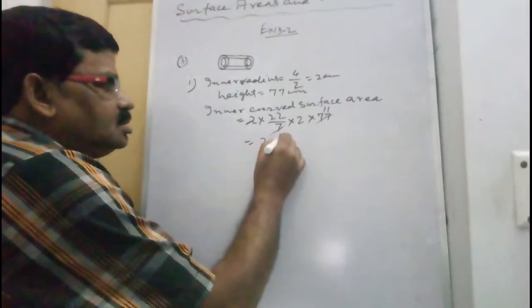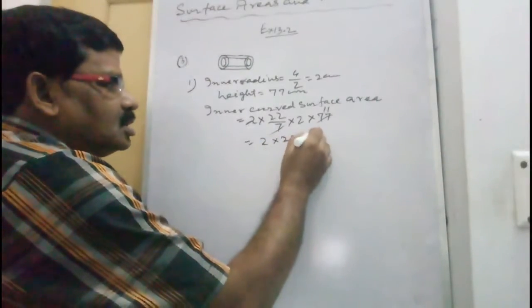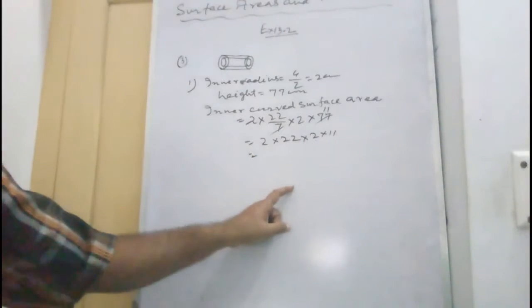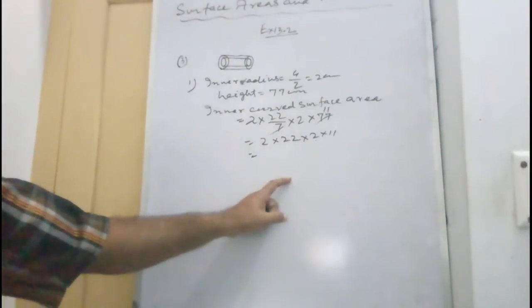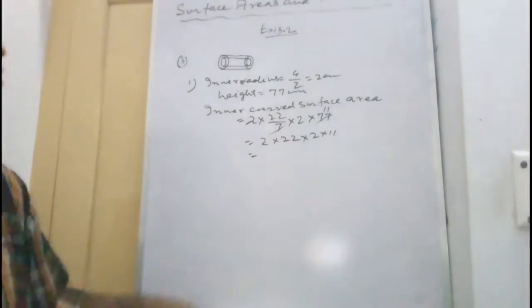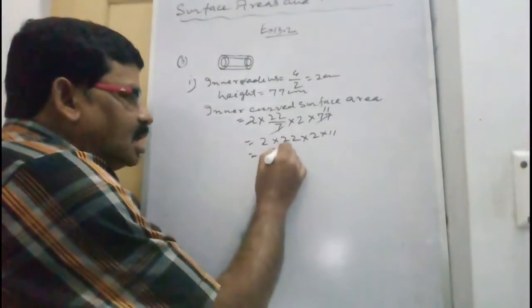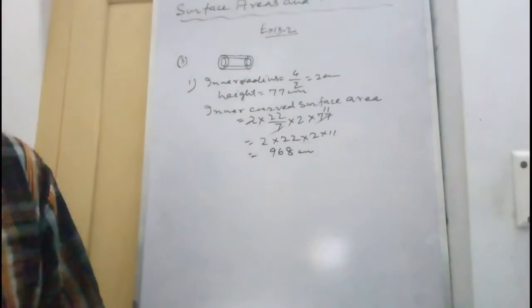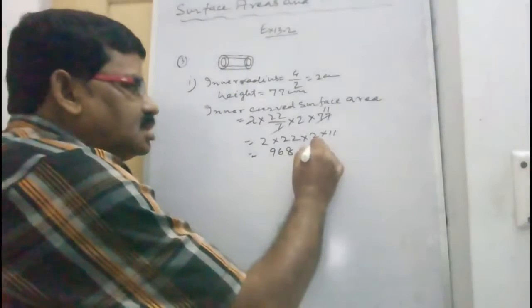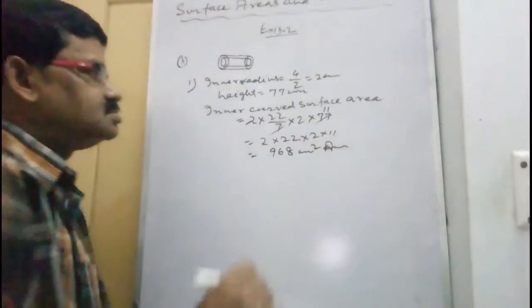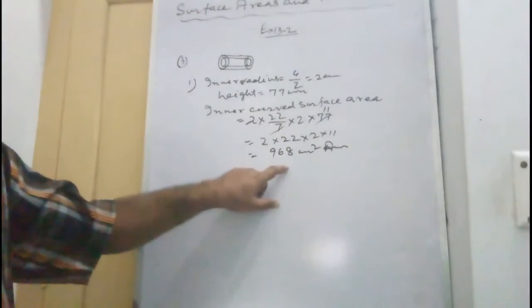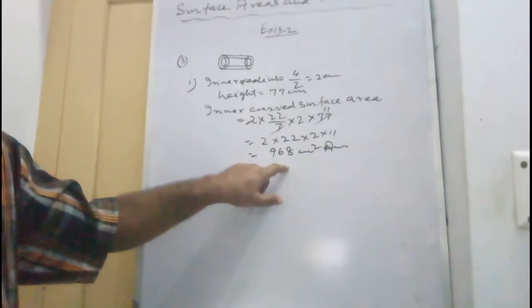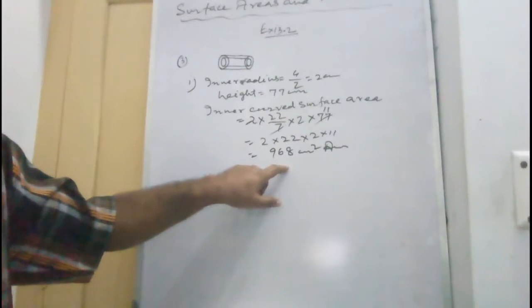So 2 into 22 into 2 into 11, that is 968 centimeter. So inner curved surface area is 968 centimeter square.